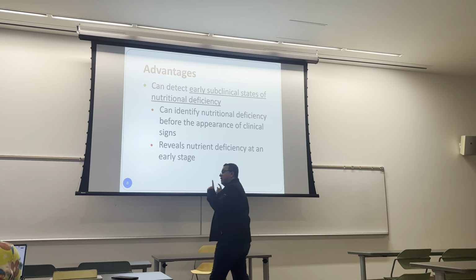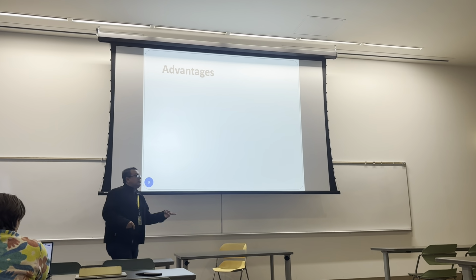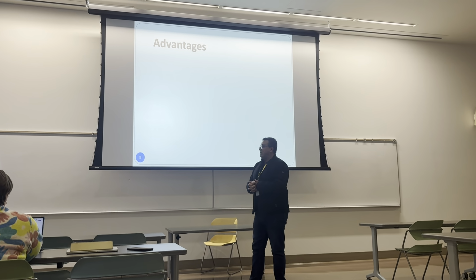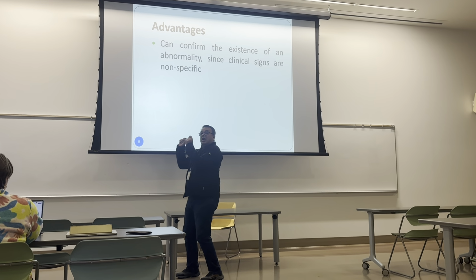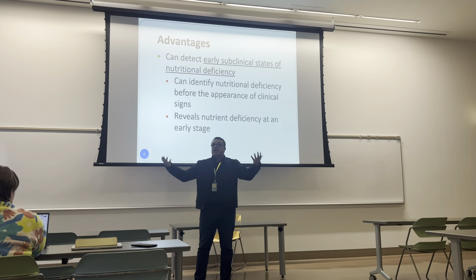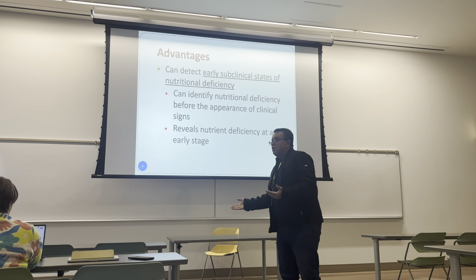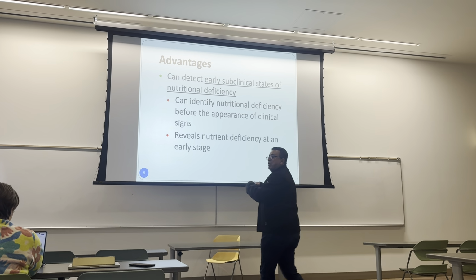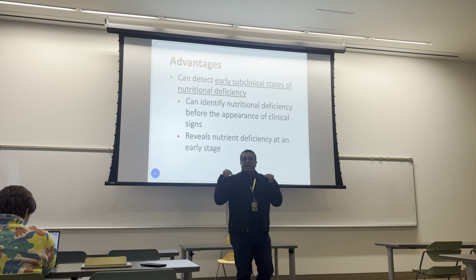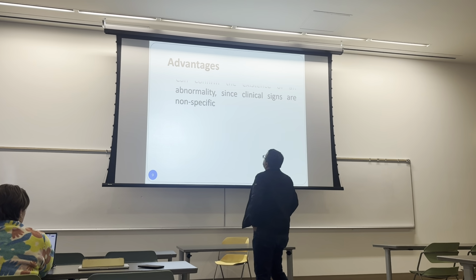But when he has done, for example, the ferritin and the hemoglobin and the MCV, a list of tests, the physician can tell him that you have a deficiency of iron. It has not fully developed clinically, but later on, if you continue in this dietary pattern, you will have clinical features and clinical signs. So it gives me an early picture about the things which will happen in the future.